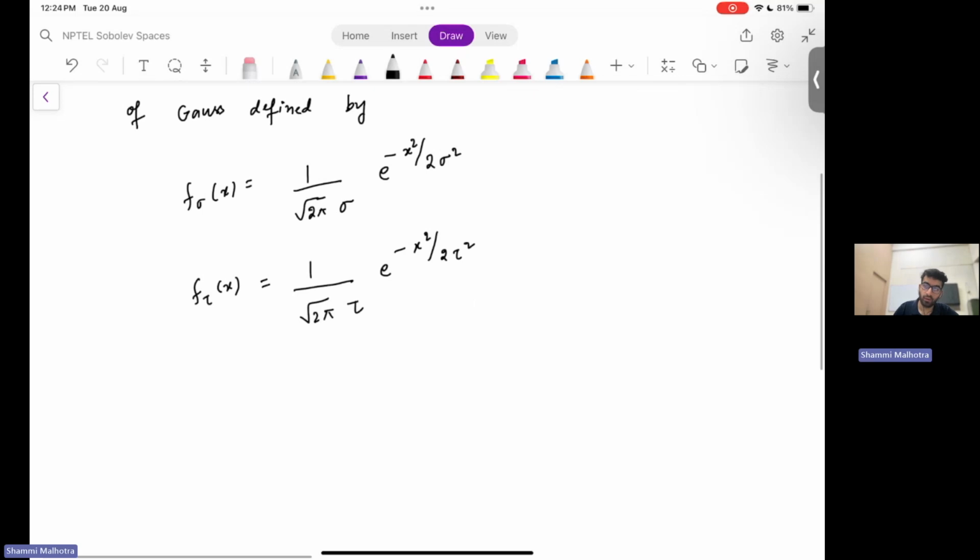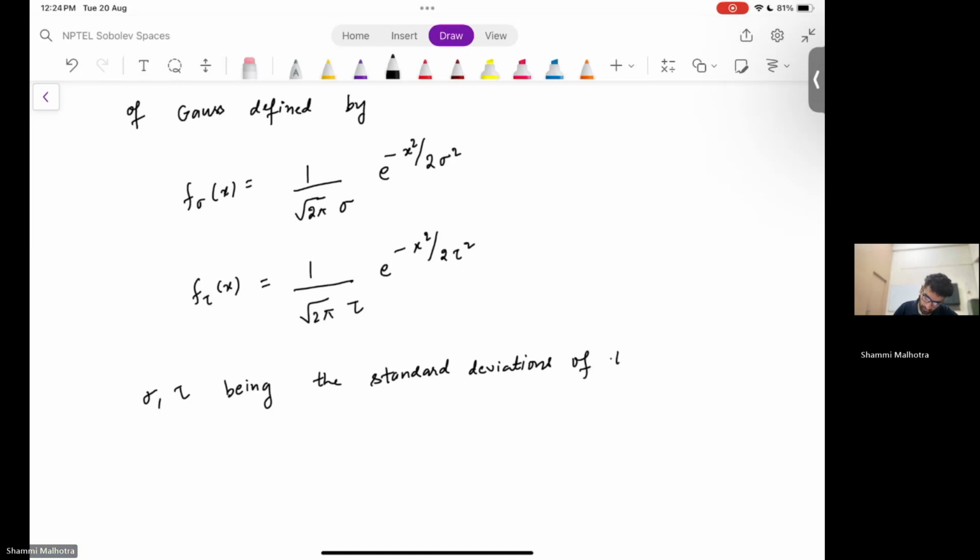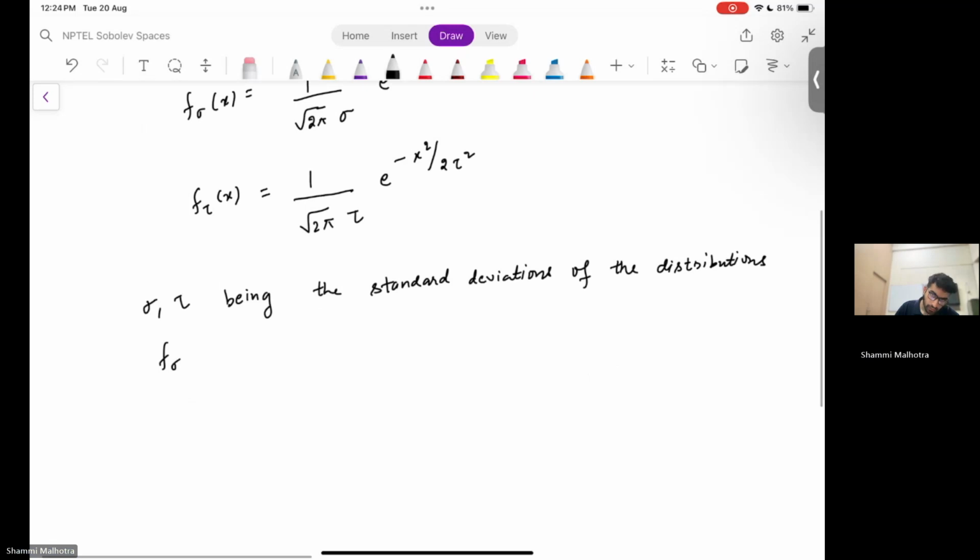And what are these tau and sigma? These tau and sigma are the standard deviations of the distributions f sigma and f tau respectively.